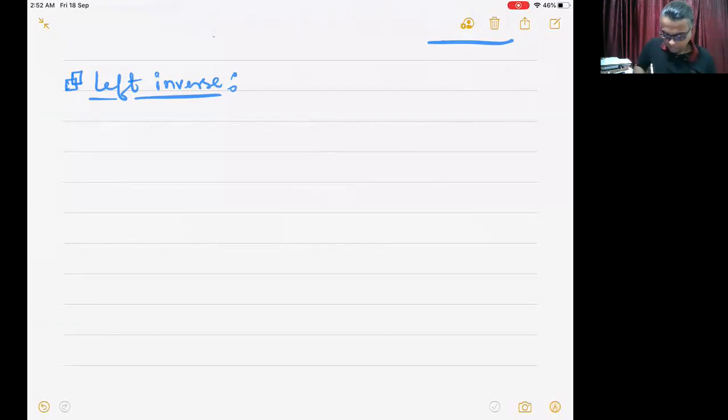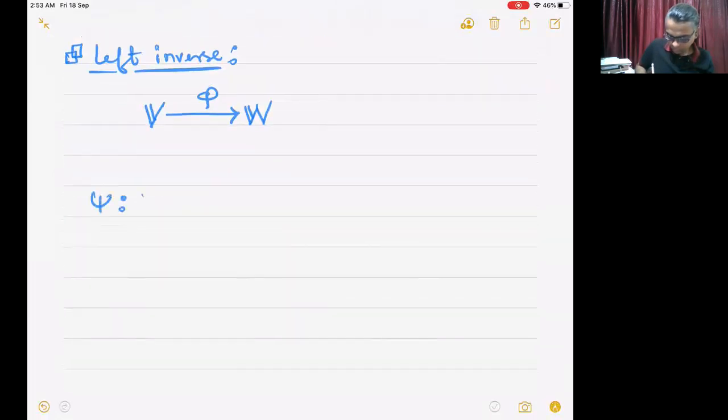I have this V, I have this W, and I have this linear map phi from V to W. What would it mean for there to exist a left inverse?